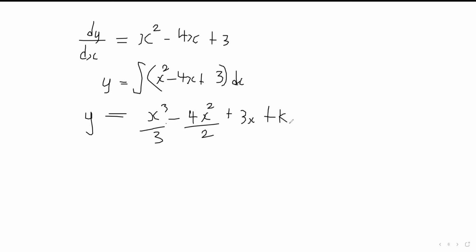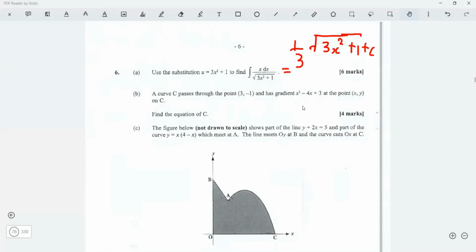Now, remember, we need to find k, but they give you the point (3, -1). So you plug in x as 3 and y as minus 1.